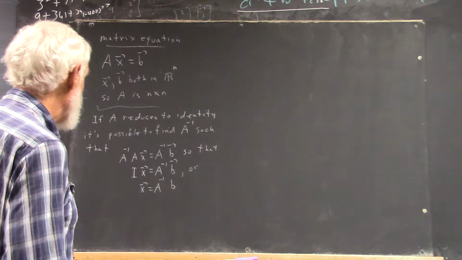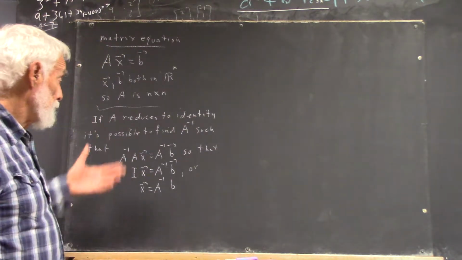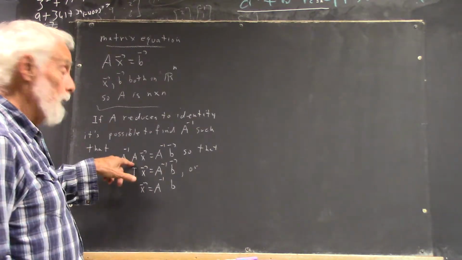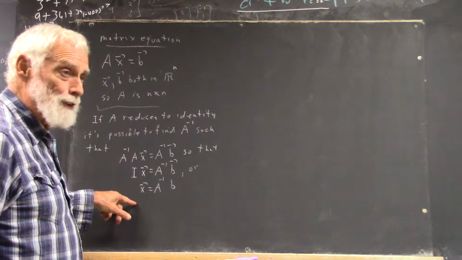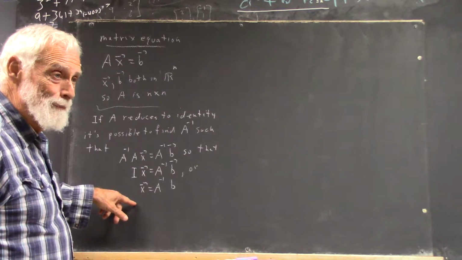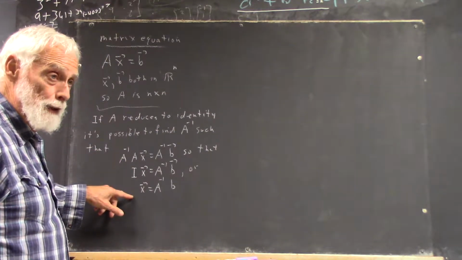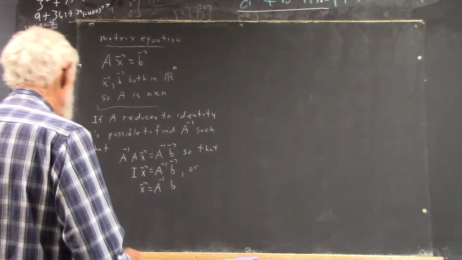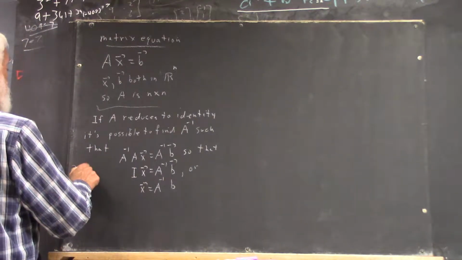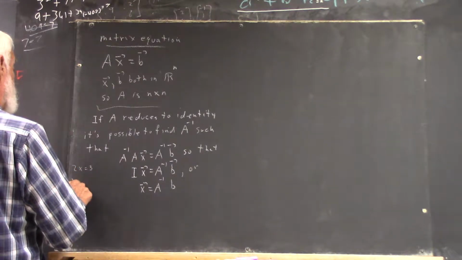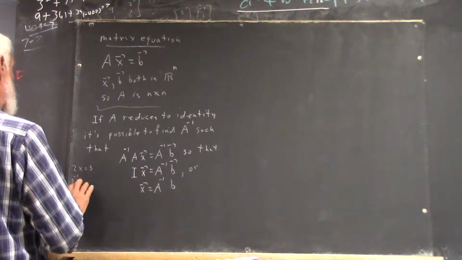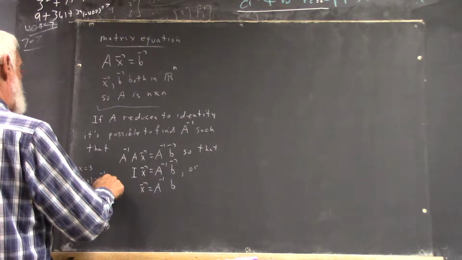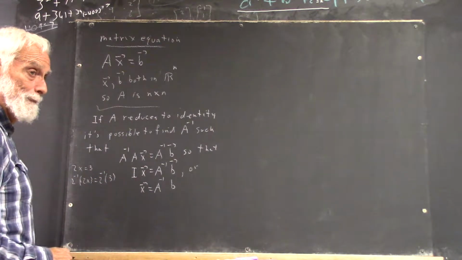If these were just numbers, well, A to the negative 1 is 1 over A. You multiply that by A, you get 1, and that's how you solve the equation, right? So this is totally analogous to how you solve an equation with numbers. If you have 2x equals 3, multiply both sides by 2 to the negative 1, right?